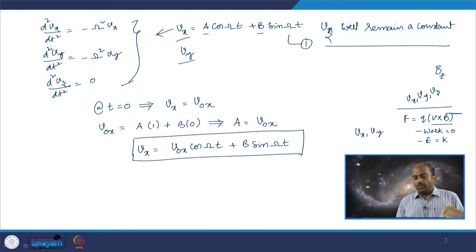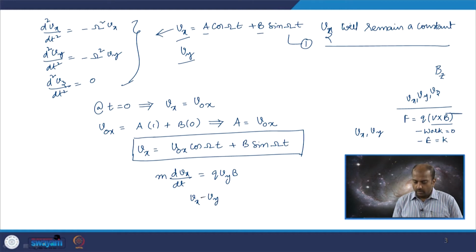Okay. Now, from the original expressions a, b, c, we can write that m dVx by dt is equal to q Vy B. This expression means that the solutions Vx and Vy are related.